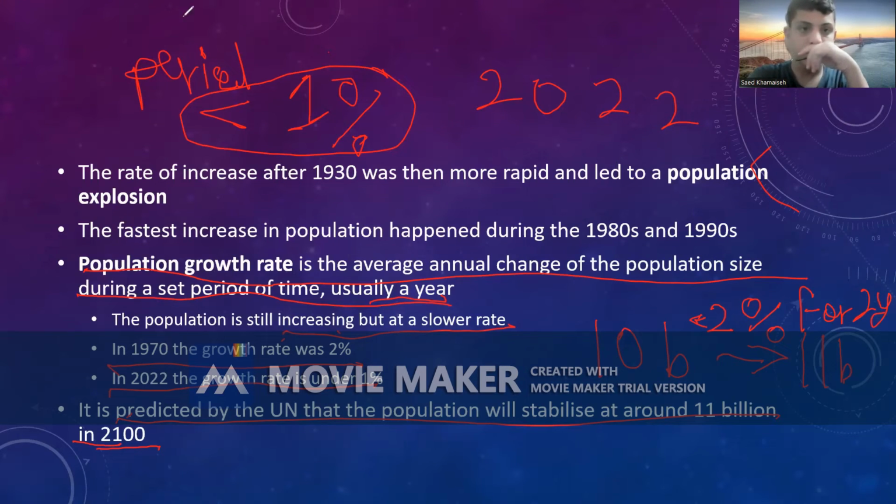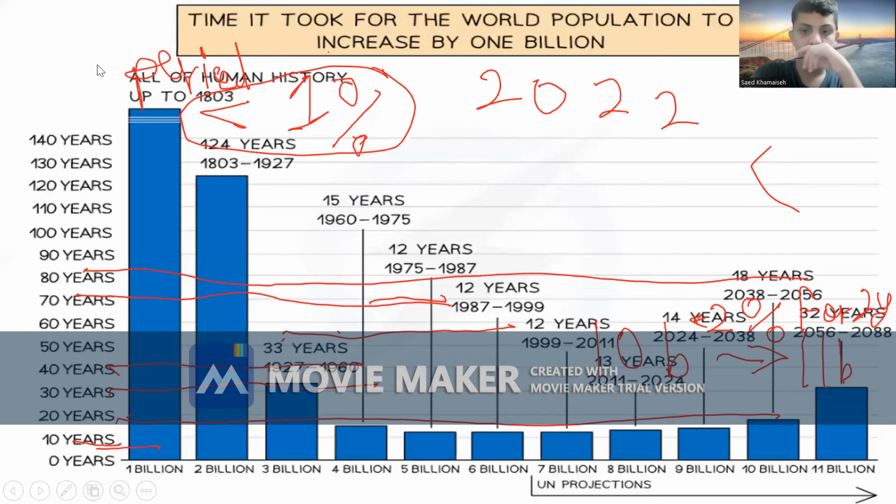Let's go back here. Here we need what we put for 2 years, for example, from 10 to 11. We say 2 years. For example, I said this for the population growth rate.